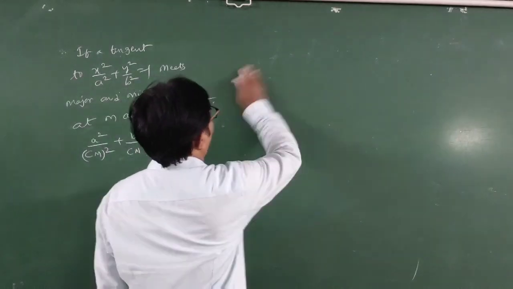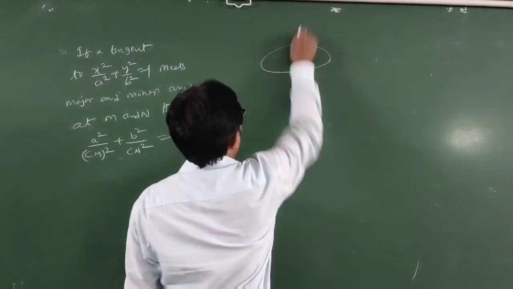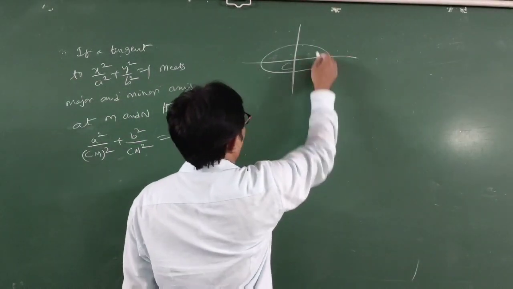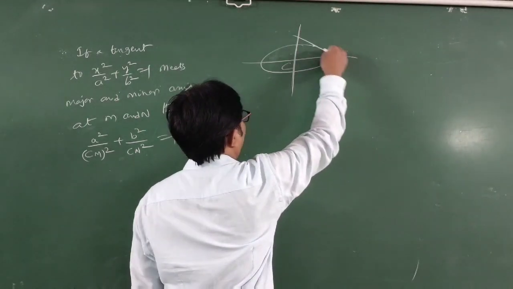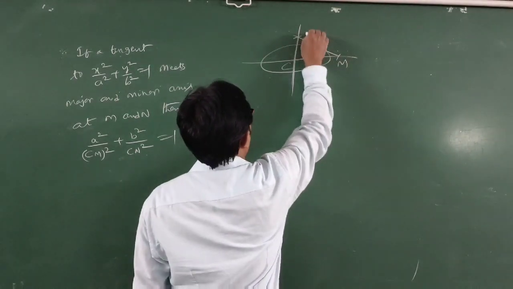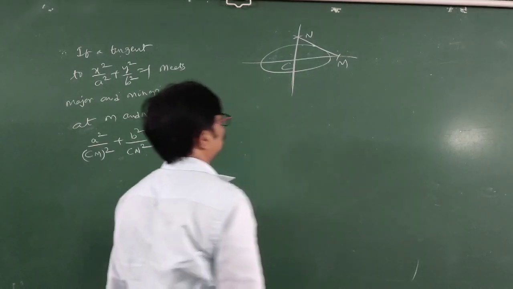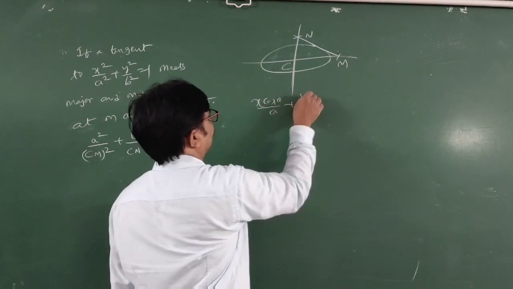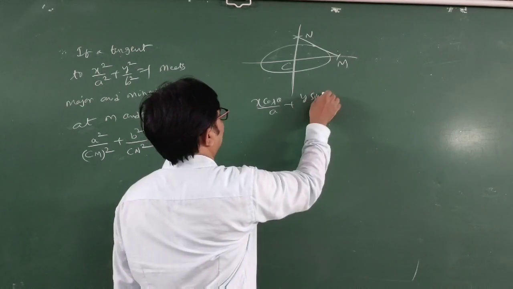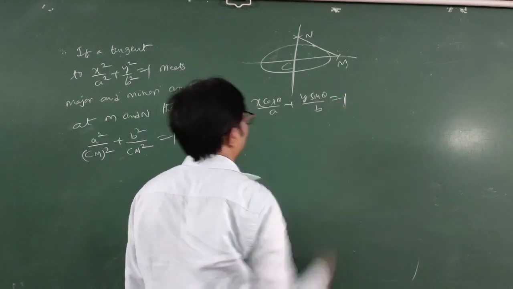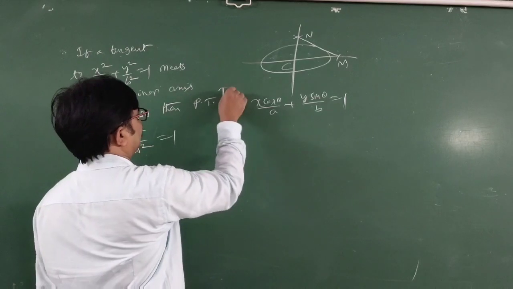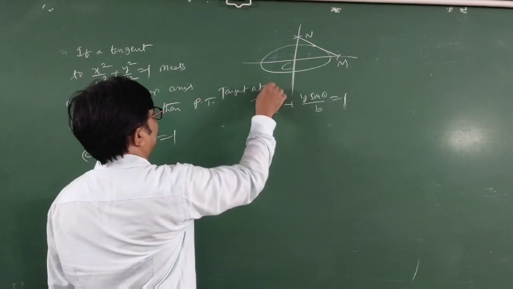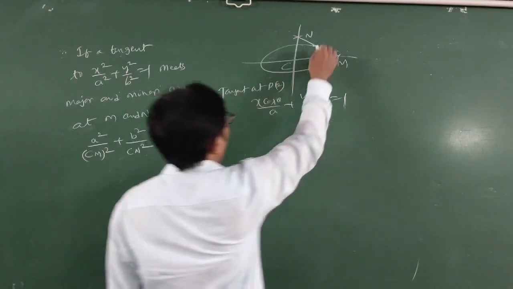Dear students, what we observed here: this is the center C, this is the major axis at M, minor axis at N. So students, x cos theta by a plus y sin theta by b equals 1 is the tangent at P theta.